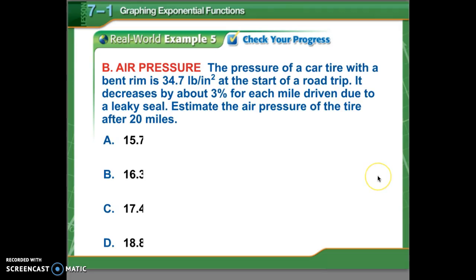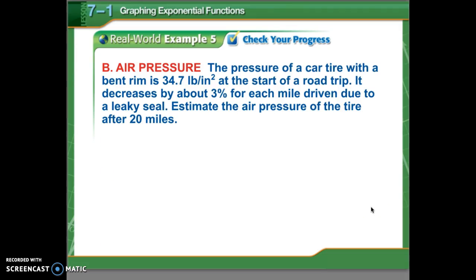We're going to look at part B now. We need to estimate the air pressure of the tire after 20 miles. So you're going to set up your equation. Remember, A is the initial pressure, and then you plug in the rate, do 1 minus the rate, and the miles driven is the variable in the exponent.